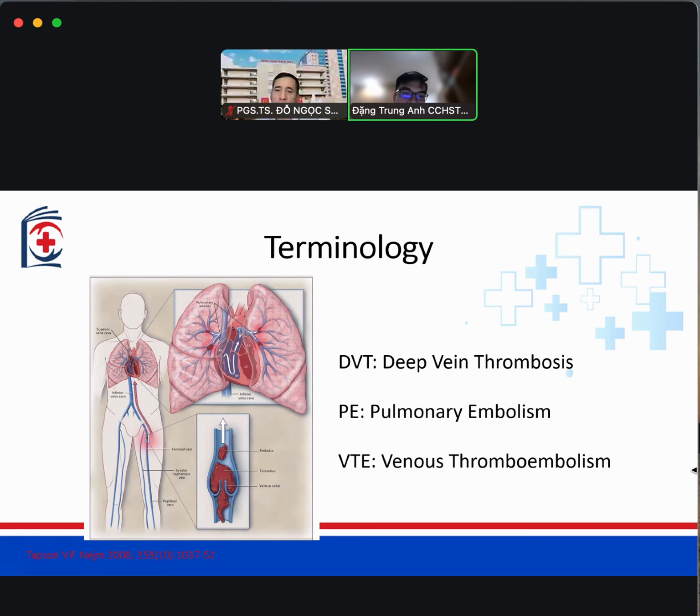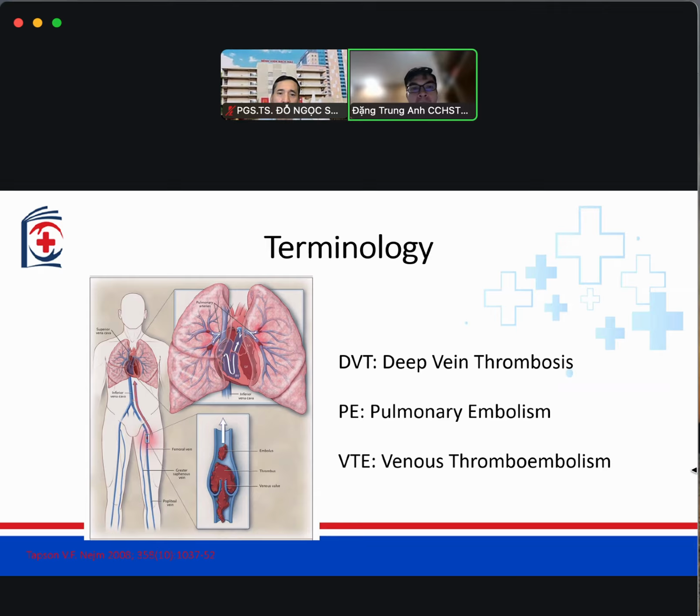That is the thrombus in the deep vein, and if this thrombus moves, it can become an embolus. When it comes to the heart and then to the pulmonary artery, it can block the pulmonary artery, and we have the term pulmonary embolism.